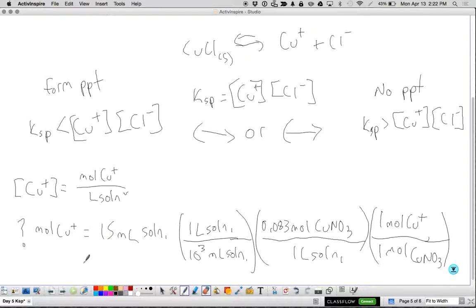And from that, I get 1.245 times 10 to the minus 3 moles of Cu+, which I can then plug in up here.